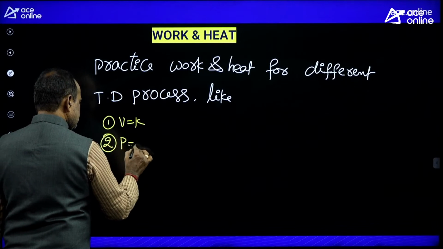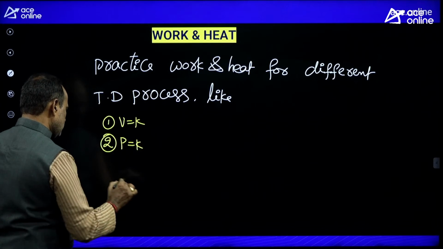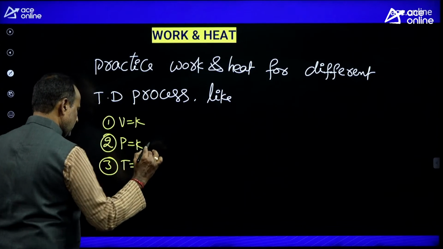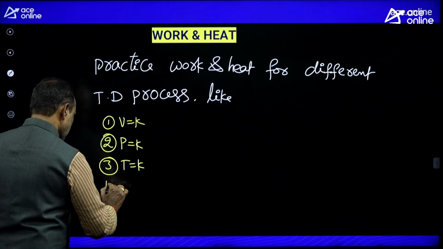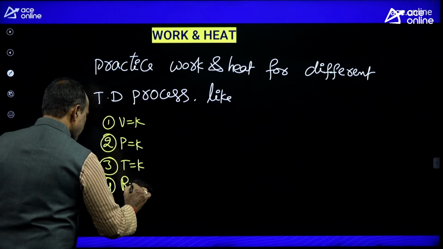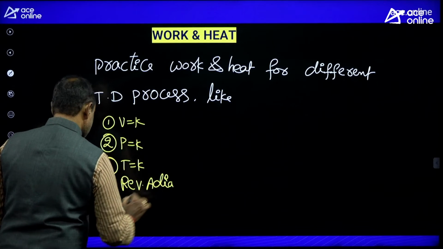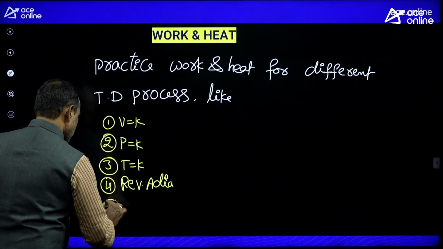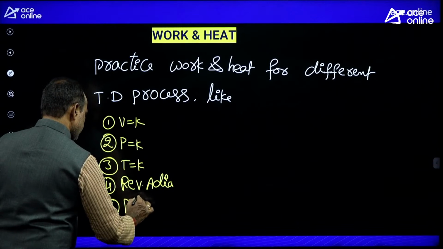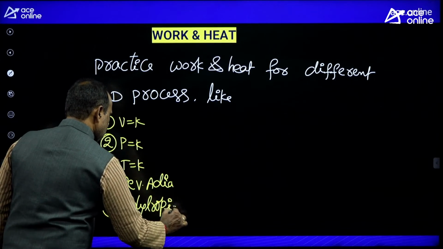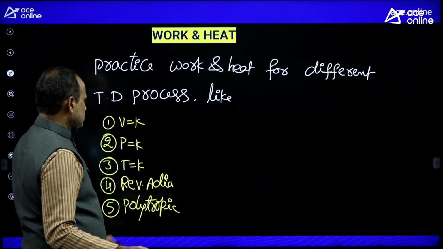Constant pressure process is also called isobaric process. Constant temperature process is also called isothermal process. Reversible adiabatic process is also called isentropic process, and the polytropic process. You try to practice particularly numericals for all these processes.